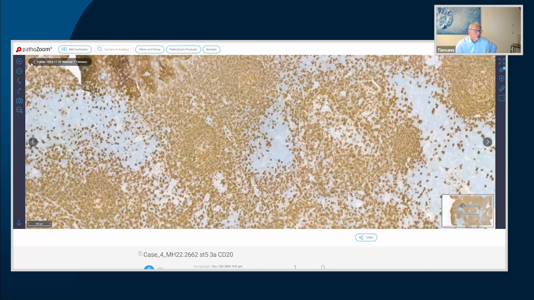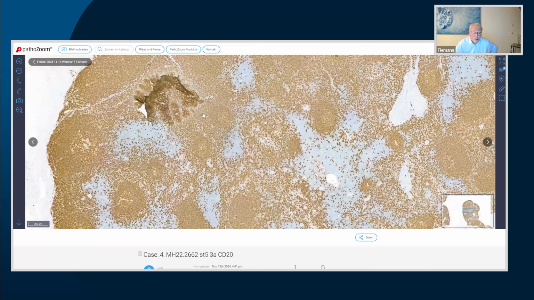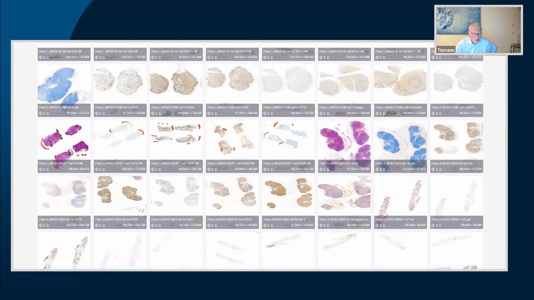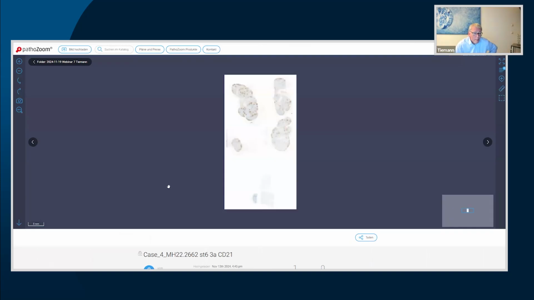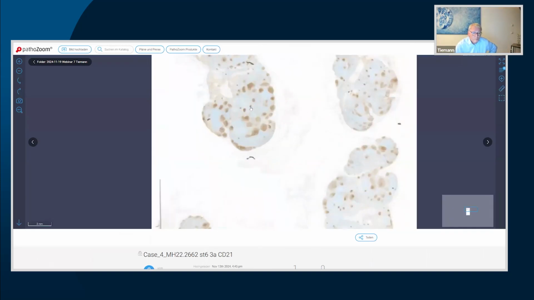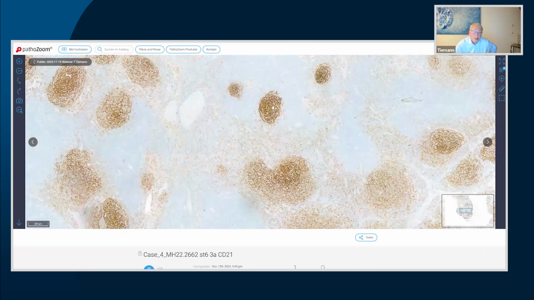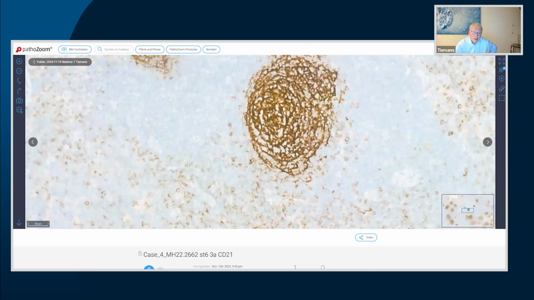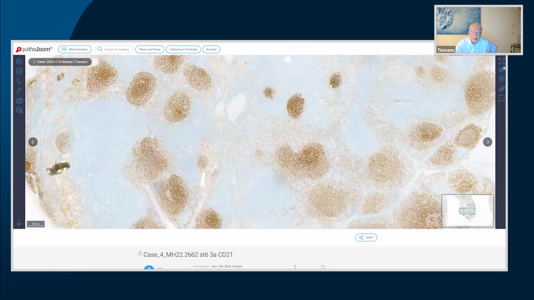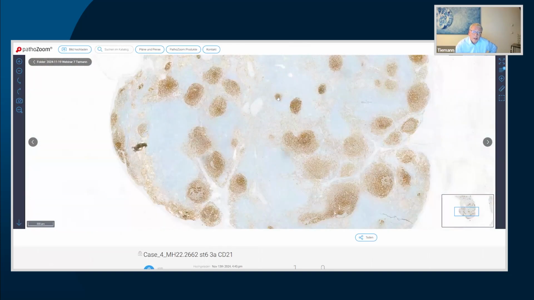You should have a short glimpse at the CD21 staining. And here we find this typical pattern of onion layers of the FDC cells. Here again, and here again.